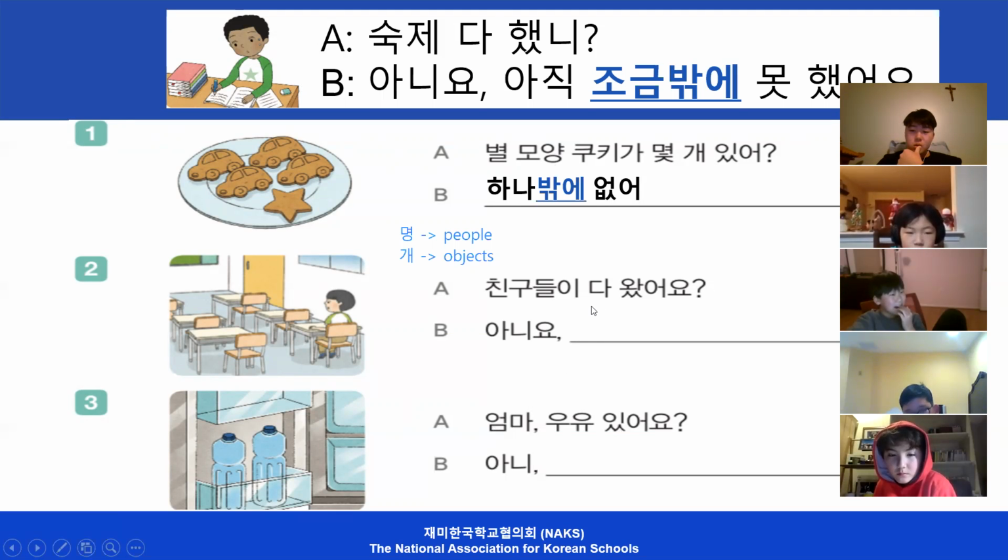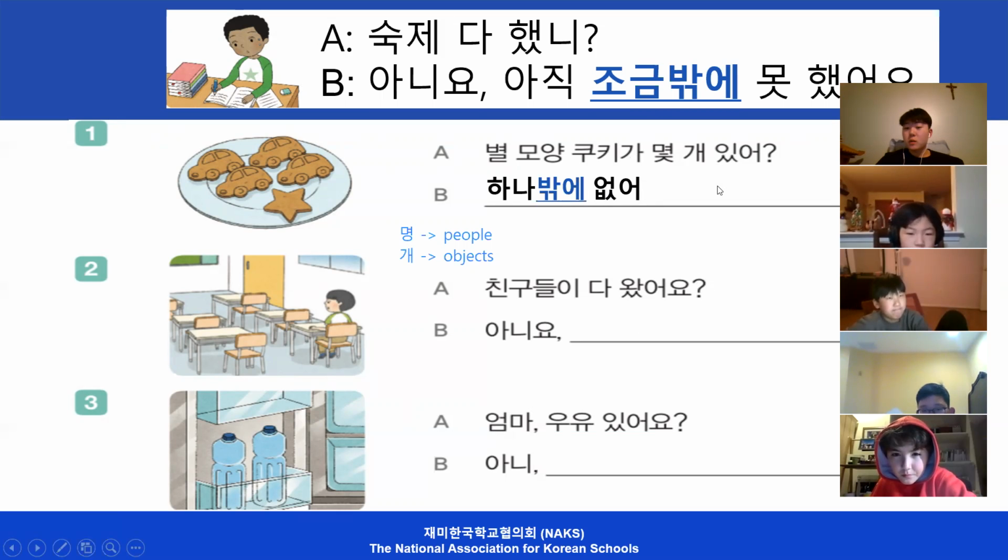Number two, 친구들이 다 왔어요? And then B, who wants to answer B? Okay, how about Eden? Do 2B. 아니요, 하나밖에 있어요? Just keep going, we finish the sentence. I forgot to put 없다.